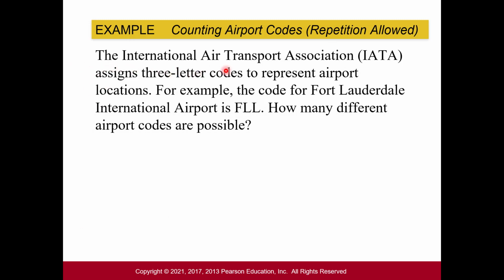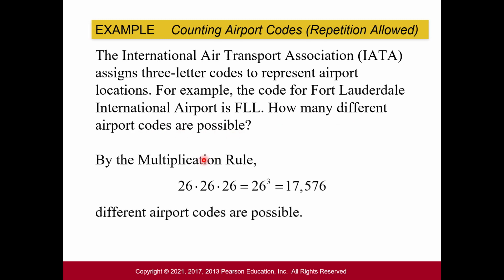And so here's another example. The International Air Transport Association assigns 3-letter codes to represent airport locations. So for example, the Fort Lauderdale International Airport is FLL. How many different airport codes are possible? Okay, so notice our multiplication rule.